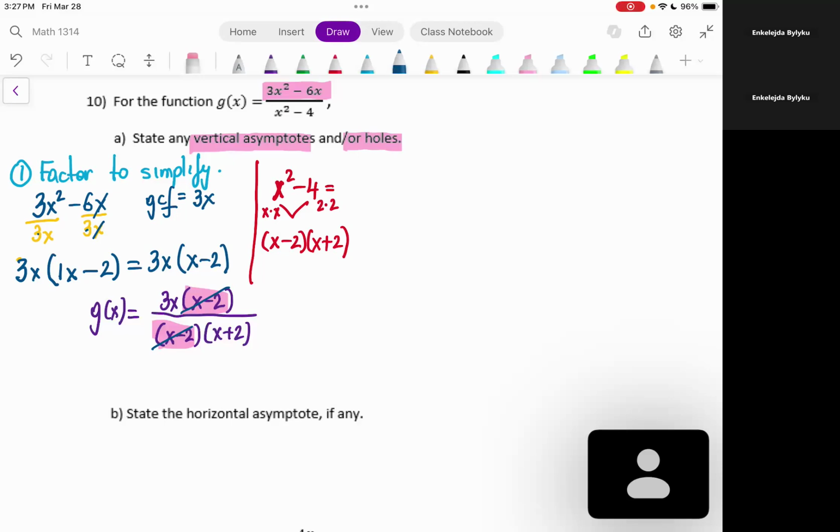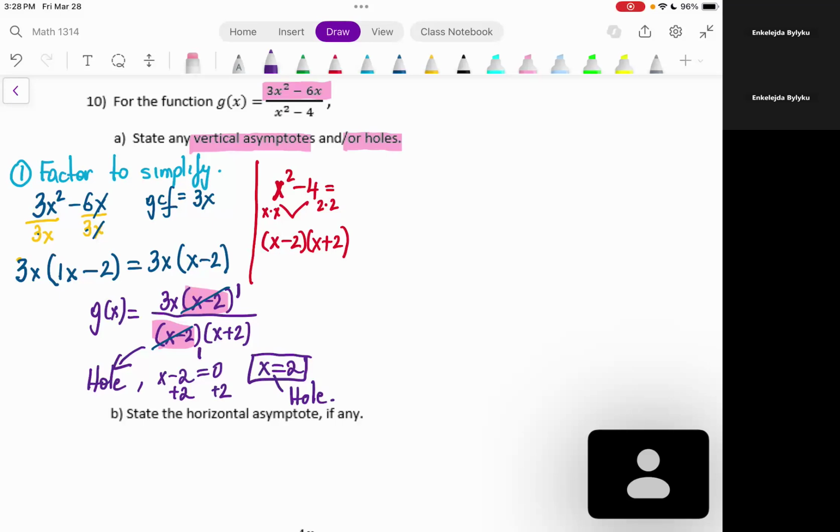Divide it out. Yes, x minus 2 and x minus 2 will cancel. We're going to replace those by 1, but we're not going to forget. This represents a hole. So there is a hole where x minus 2 becomes 0. If you're solving for x, we get x is equal to 2. So x equals 2 is not a vertical asymptote. This is just a hole.